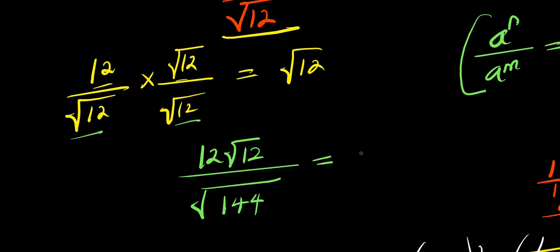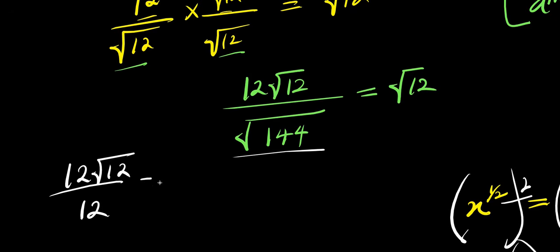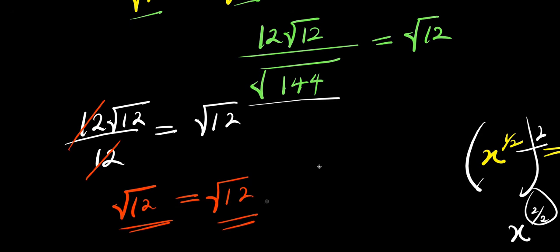And this equals square root of 12. Now, from here, we have 12 times square root of 12 divided by square root of 144, which is 12. And this equals square root of 12. So from here also, 12 cancels 12. So what we are going to have is square root of 12 is the same as square root of 12. Now, the left-hand side is the same as the right-hand side. And this means our solution is correct.